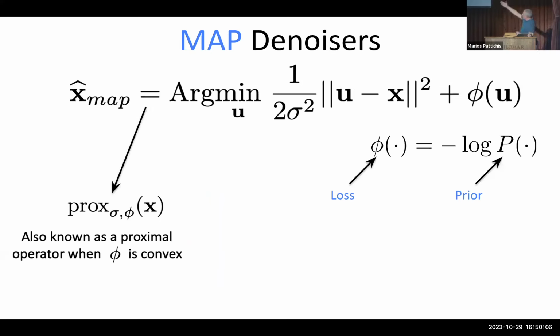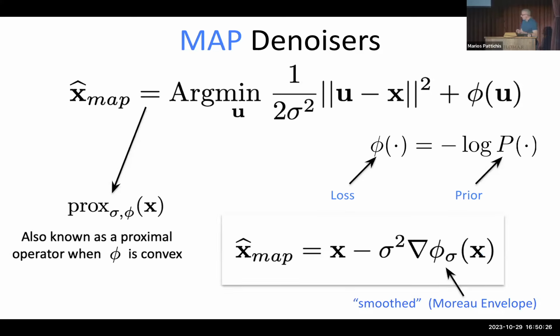This form, which is very familiar to us as a simple description of a maximum a posteriori denoiser, in the optimization community is also known as a proximal operator, in particular when phi is convex. Because of this, proximal operators have really nice properties, one of which is that you can write them in this particular form.